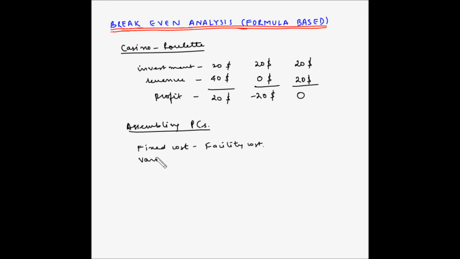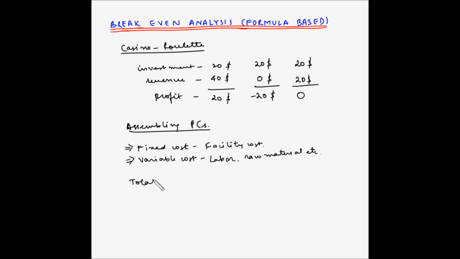So variable cost can be labor, raw material, etc. So we have understood what is fixed cost and what is variable cost. And when we combine the two, we get the total cost.